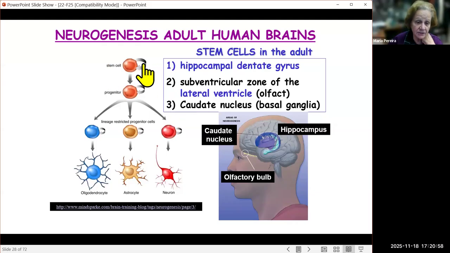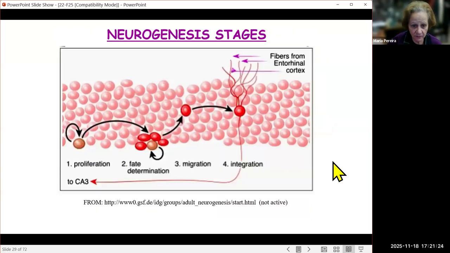It seems that there's some stem cells that, depending on different stimuli, they can be differentiated into oligodendrocytes, astrocytes, neurons. So this is being studied greatly because it's very important to see, can we activate these stem cells to generate the neurons that have been disappearing.